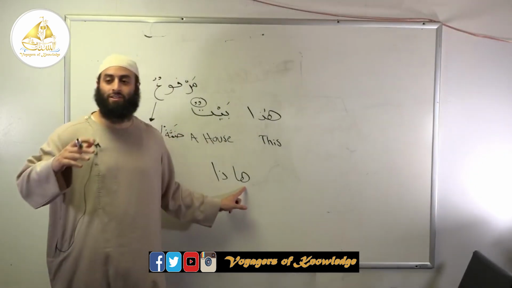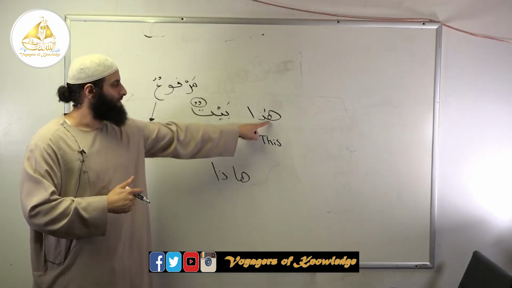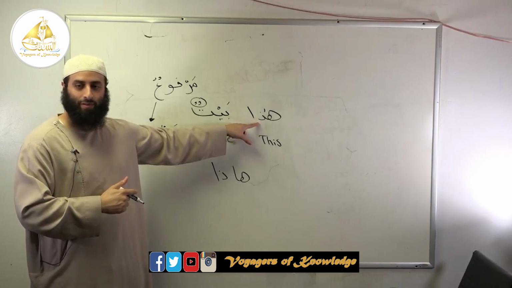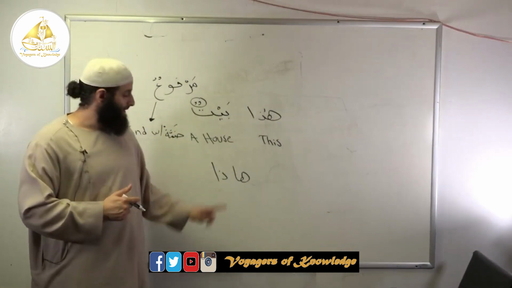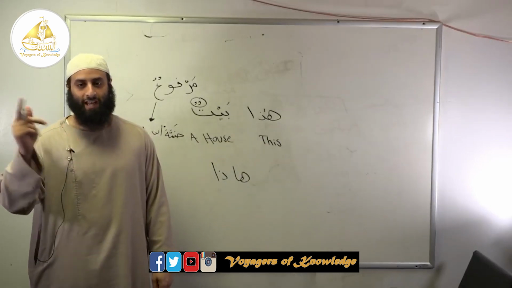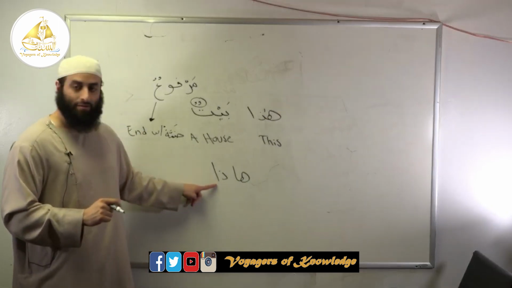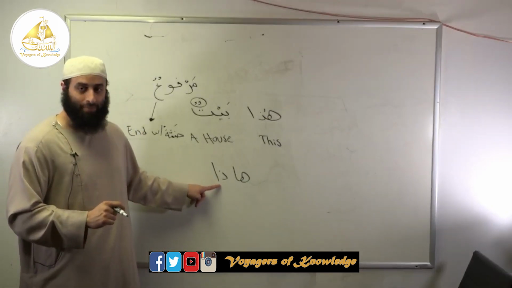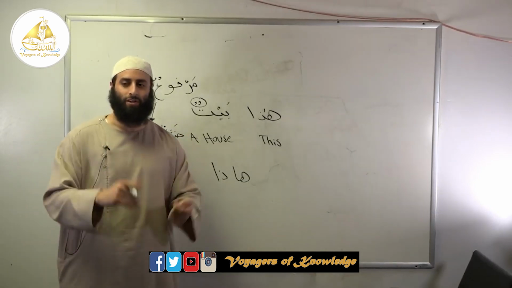It gets that person's attention. It's like saying, hey. That's what ha is for. Now we get to the second part. The. This is this. The is this. And when we get to dhalika, you're going to see also the. It's got this there. But then there's other letters added, and we learn when we add those letters together what it does.